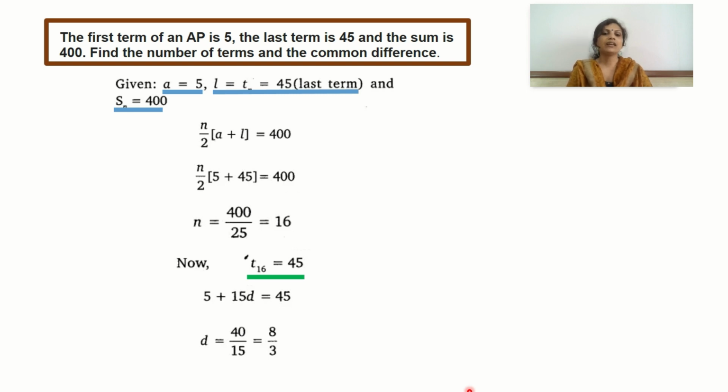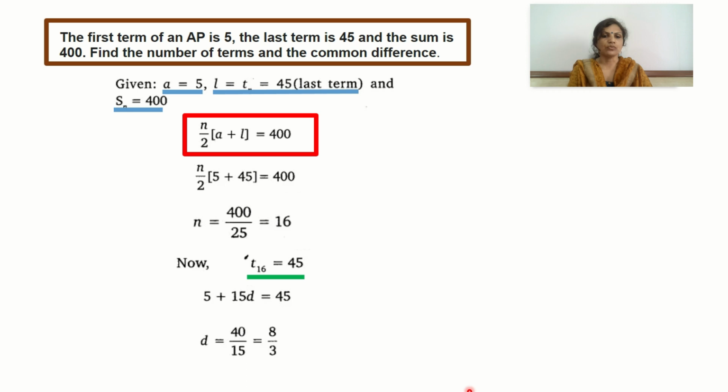But since we are given SN is equal to 400, last term is given, first term is given, let's make use of this formula. So Sn is equal to n by 2 in the bracket a plus l. If we substitute the values, you get n by 2 in the bracket a plus l is equal to 400.